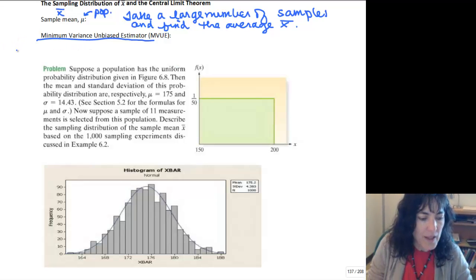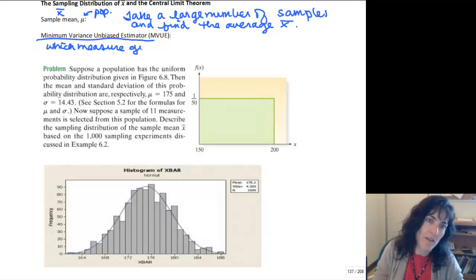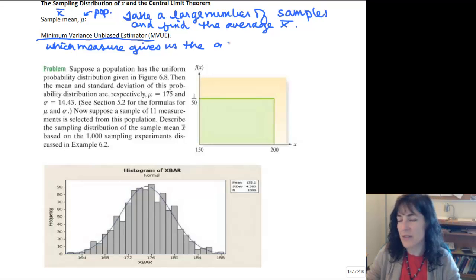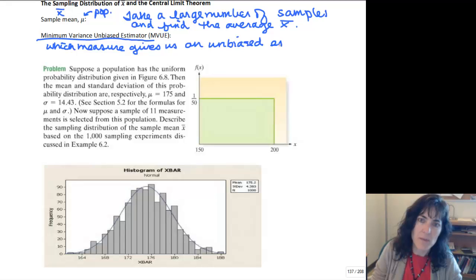So yeah, we want to know which measure gives us an unbiased estimator with the smallest variance.